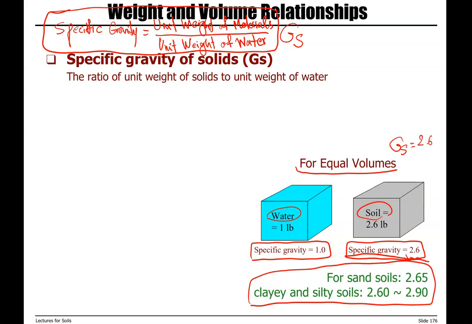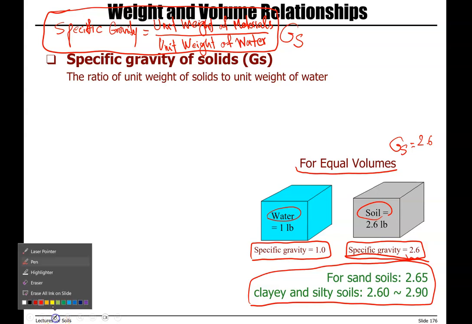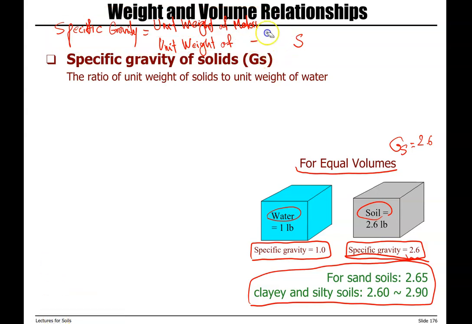So what is important for us is the specific gravity of solids. We said that specific gravity is a unit weight of a material divided by unit weight of water.